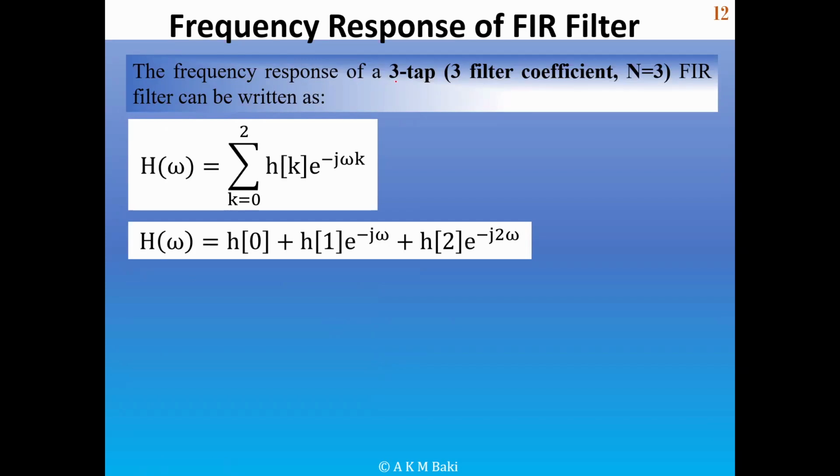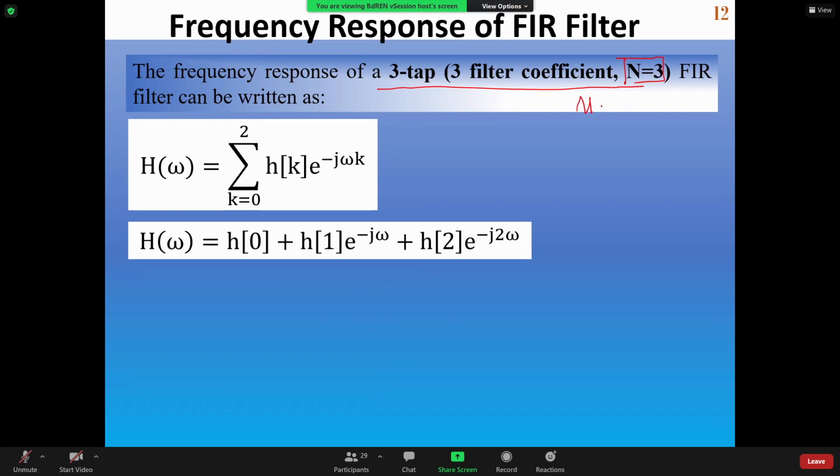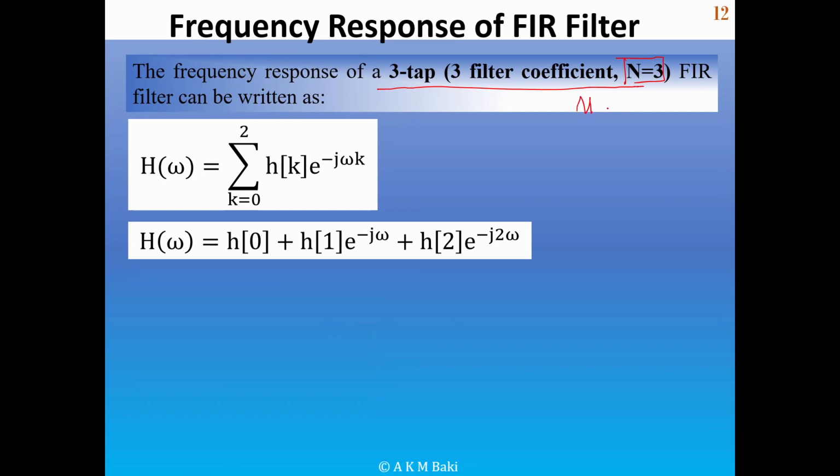Consider the 3-tap case. That means you will have 3 coefficients. In some cases it is assumed as n, in some cases m, it does not matter, you can assume any one. So in this case n is given as 3, and you have to write the equation in this form: n minus 1, so it should be 2.